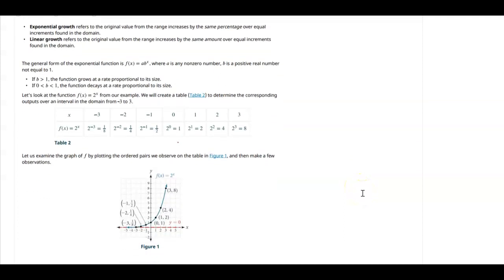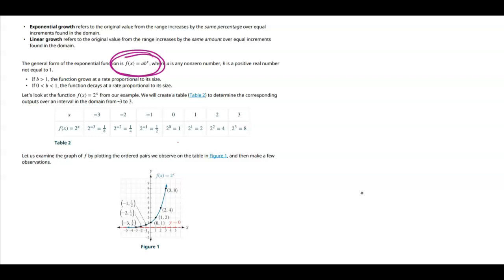There's a general form to an exponential equation. It's going to be a in the front times b to the x power. If you have a base b raised to the x power that is greater than 1, then you are going to grow fast. You are going to have a growth rate function.